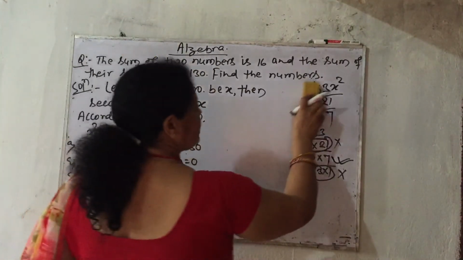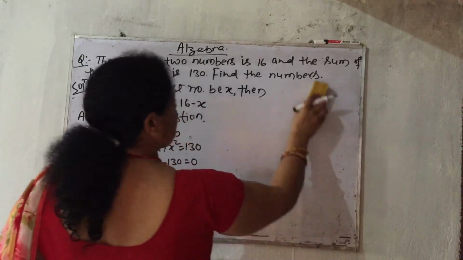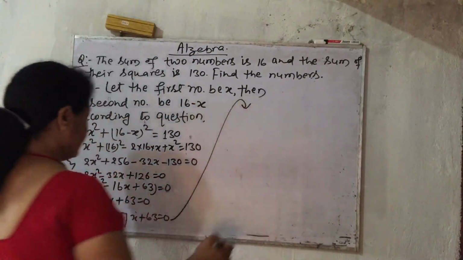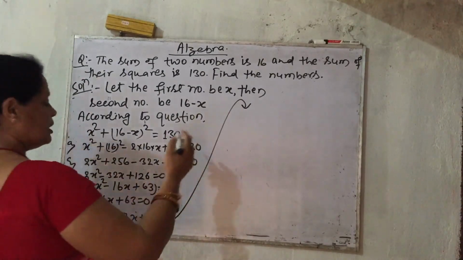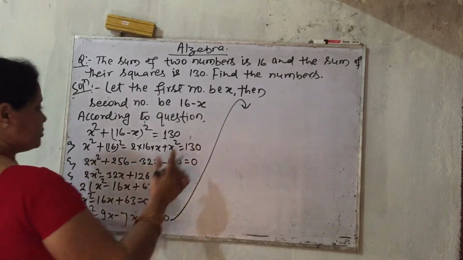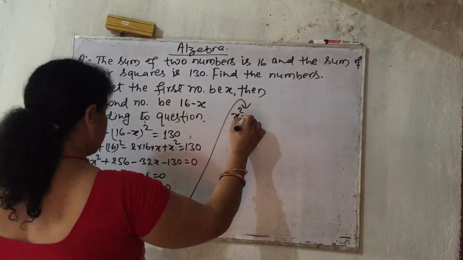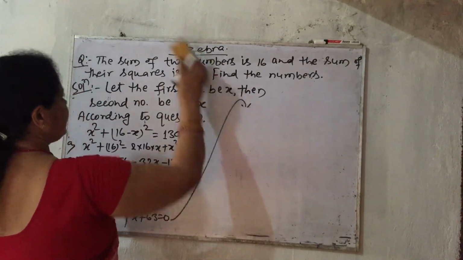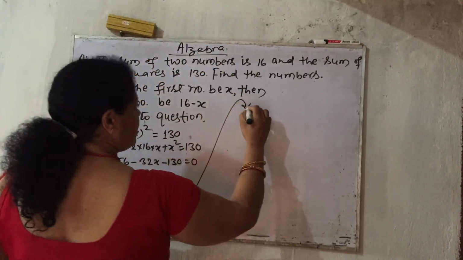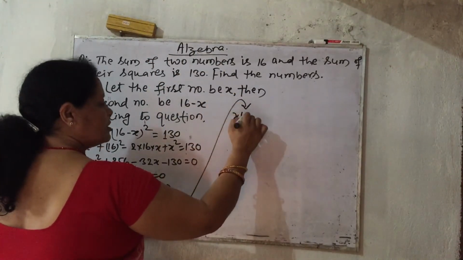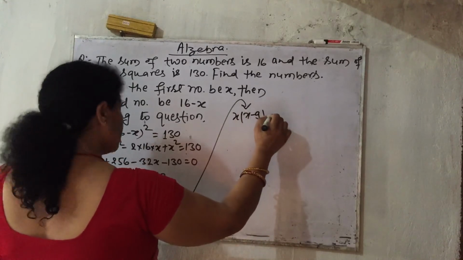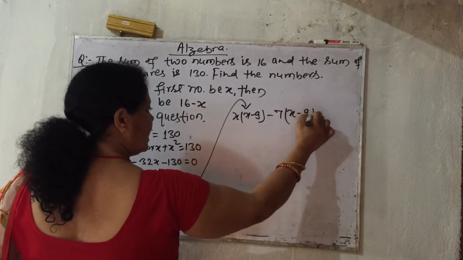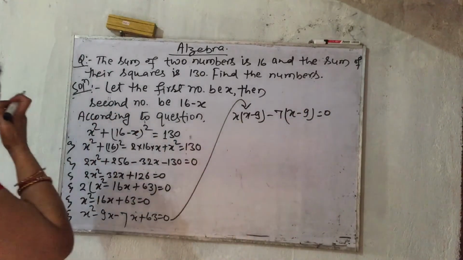Now, in this line, let's take common factors from the first two terms and from the last two terms. It will be x common, so x minus 9 is left, minus 7 common, so x minus 9 is left, equals 0.